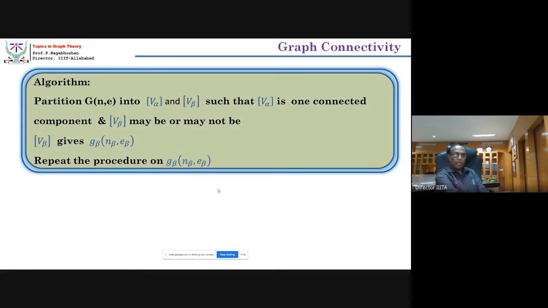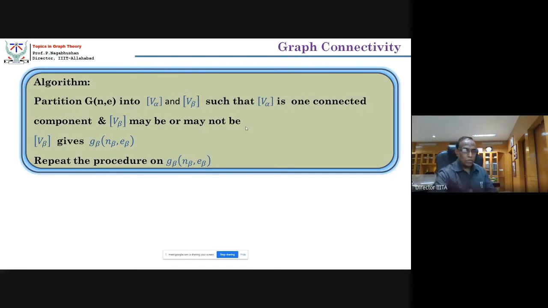Now you take the set of vertices and partition it into two sets, such that V alpha is one connected component, and V beta may or may not be connected. So we should somehow partition the vertex set into V alpha and V beta, where V alpha is essentially connected, V beta may or may not be connected.